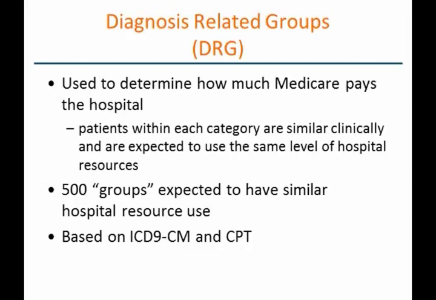So you can imagine if you took a bunch of patients and looked at their ICD-9 codes and their CPT codes, what their diseases were and what the procedures and treatments were, that they divide up into quite predictable groups. There are 500 groups, and they're expected to use hospital resources in a similar manner.